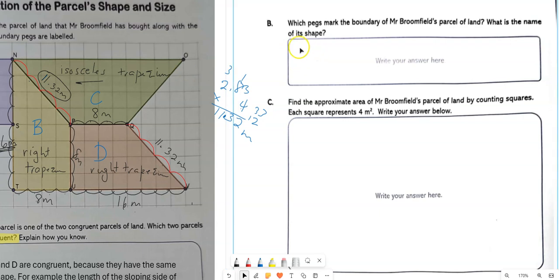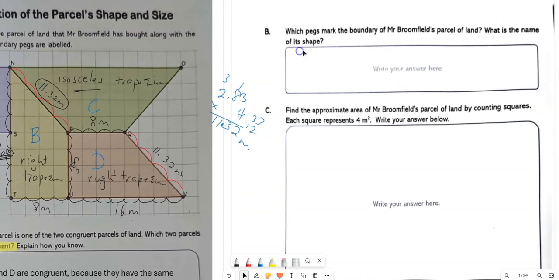So if it is shape B, let's get our pen. For shape B, the boundary pegs would be, let's swap colors here, N, S, T, U, P, going all the way back to N. Some people include the N, some people don't, because it's already here.